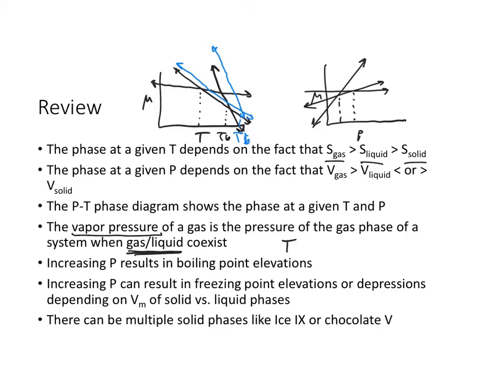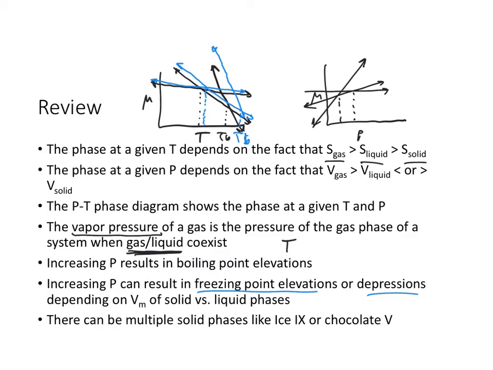And then depending on the molar volume of the solid phase, we may get a raising or a lowering of the freezing point. Depending on the molar volume of the liquid versus the solid state, we may get a freezing point elevation or a freezing point depression.